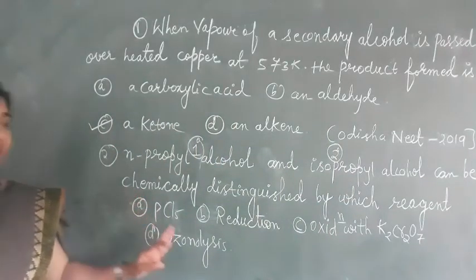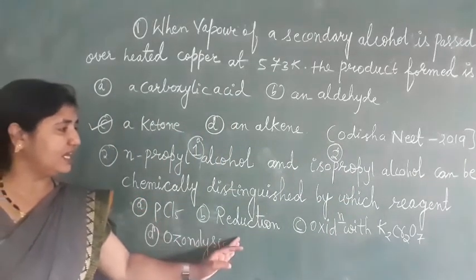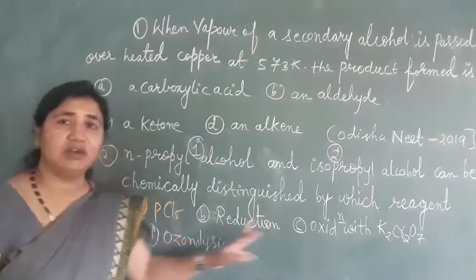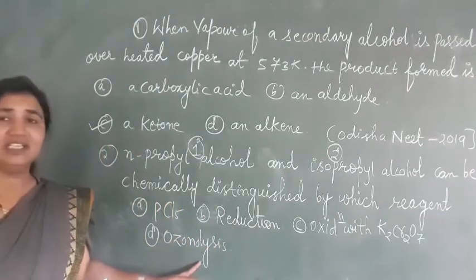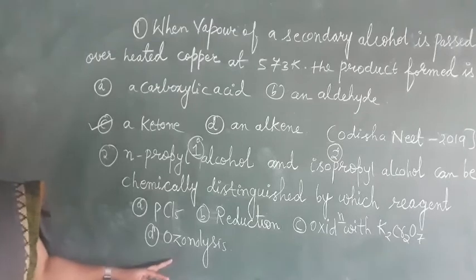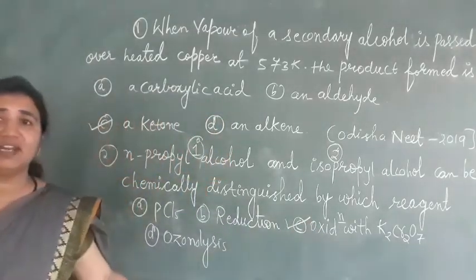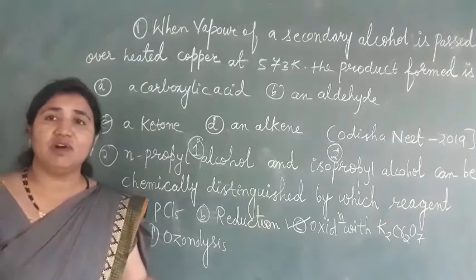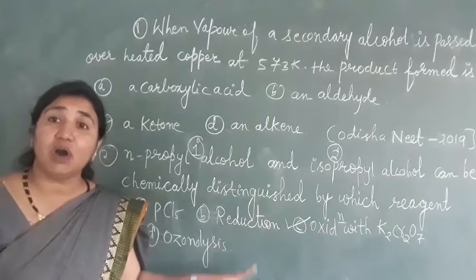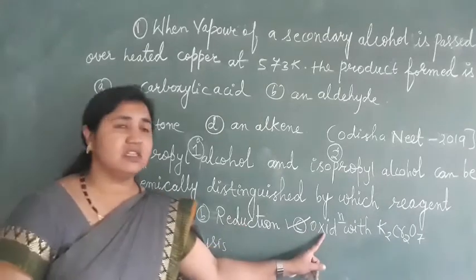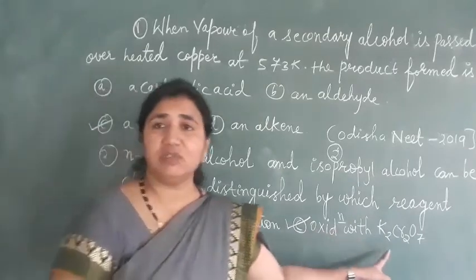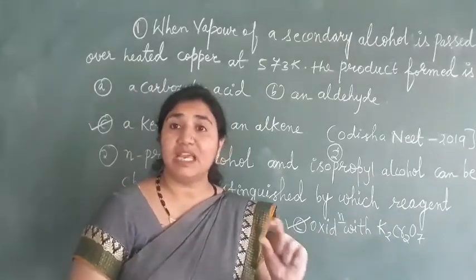By PCl5, reduction, oxidation with K2Cr2O7, or ozonolysis. The correct option is C, oxidation with K2Cr2O7, because primary alcohols will give aldehyde and then carboxylic acid with this strong oxidizing agent K2Cr2O7, with the same number of carbon atoms.